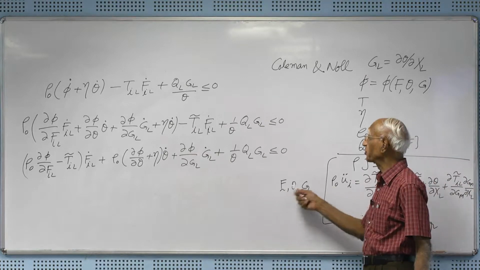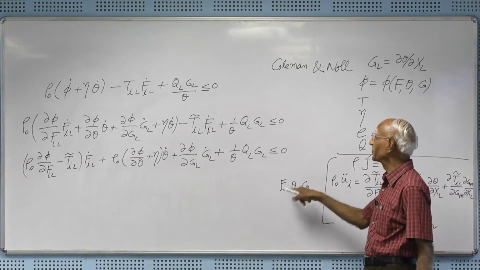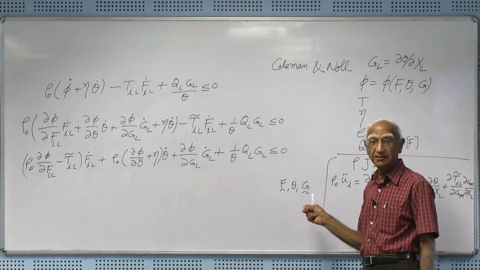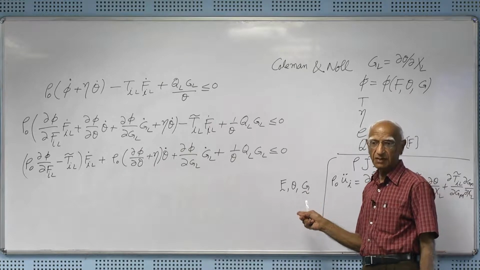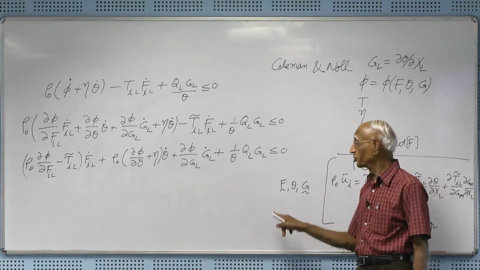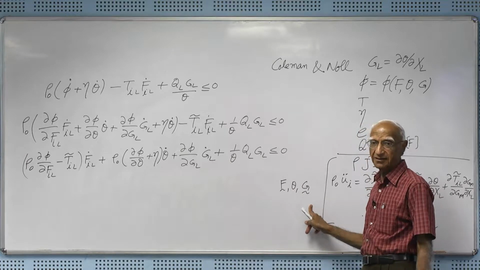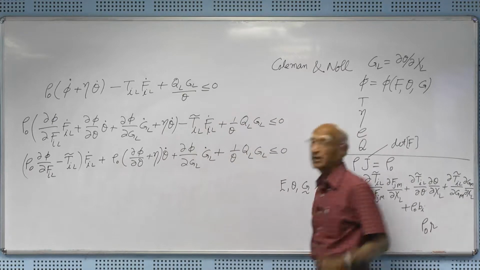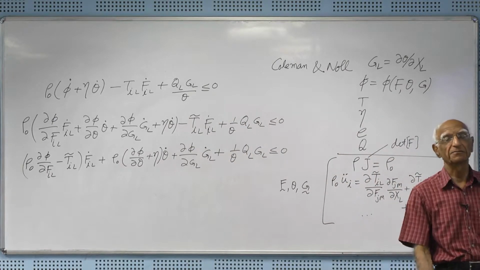However, when I choose f, theta and g, there is nowhere I have to choose f dot or theta dot or g dot, right? I did not say you choose f dot, theta dot, g dot. So f dot is arbitrary, theta dot is arbitrary, and g dot is arbitrary.